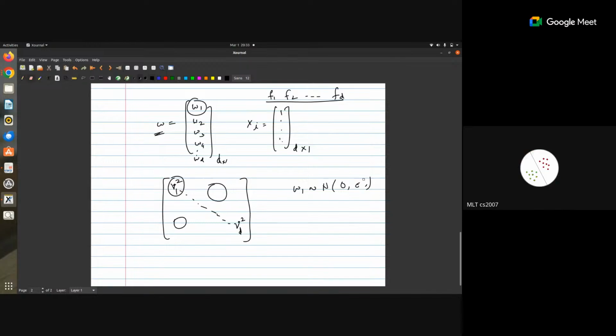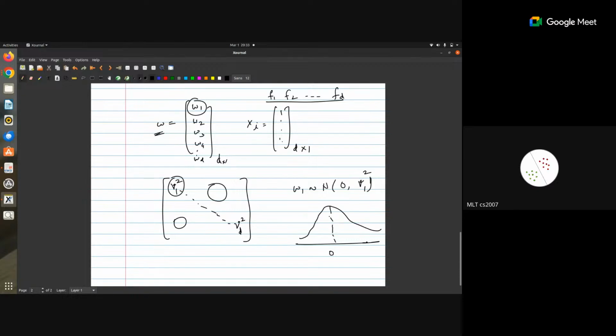So W1 is distributed like this, with some mean of W1, which we are setting to 0, suppose. But there are a lot of W's here, and the relation among them is like this.